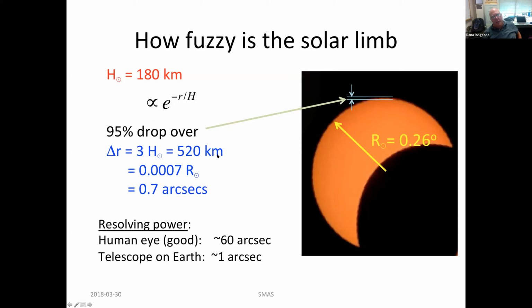That's 500 kilometers. That seems like a large way. It is 0.0007 solar radii, right? It is nothing. That's why this image looks so sharp. Also, you could point out it's 0.7 seconds of arc viewed from Earth. And until you get into adaptive optics, it's very hard to resolve such a small scale.